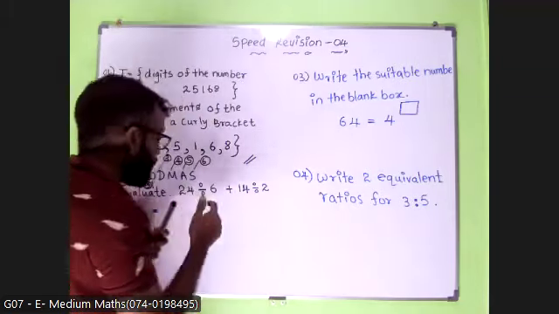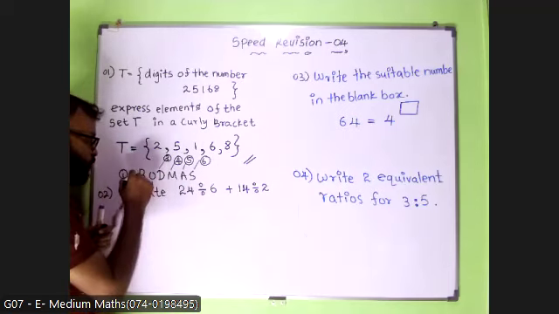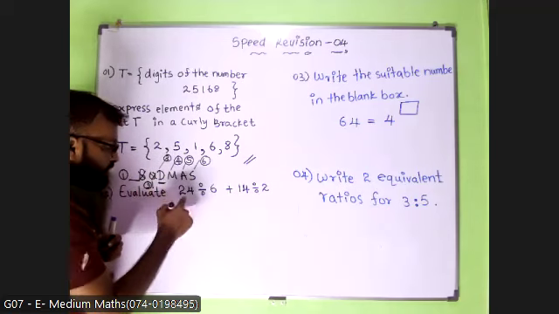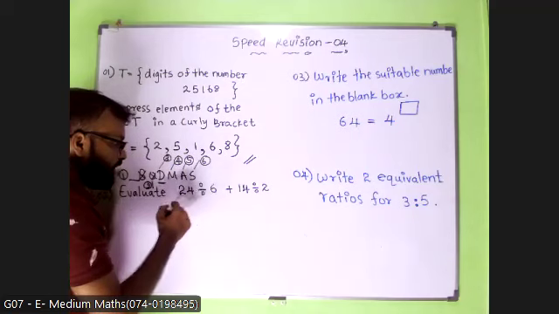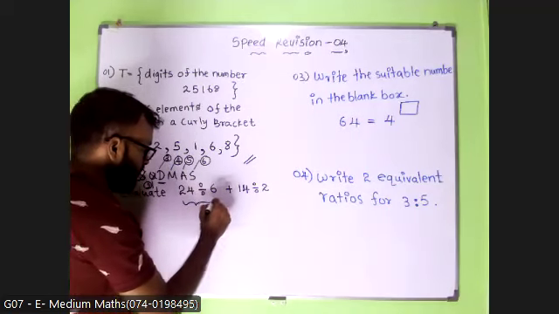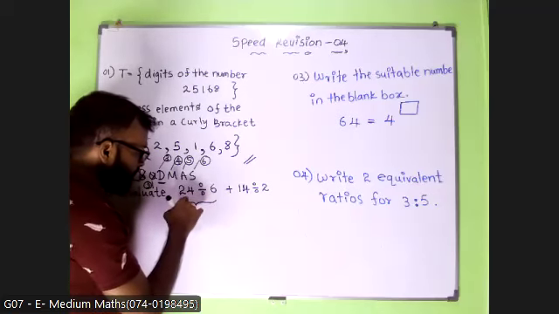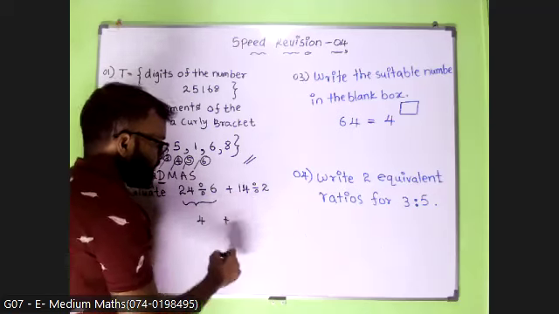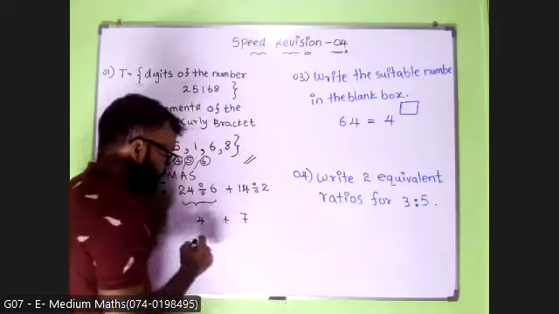And this is the order that you need to do the mathematical operations, right? In this one, we do not have brackets, we do not have of. We have division, 24 divided by 6, 14 divided by 2. So I am going to do the divisions first. 24 divided by 6, 4. Then plus, and 14 divided by 2, 7.